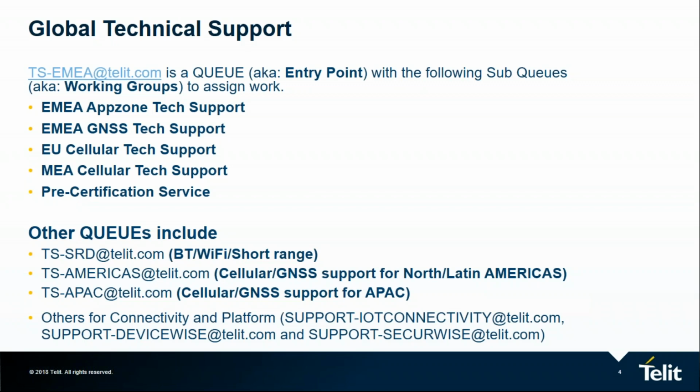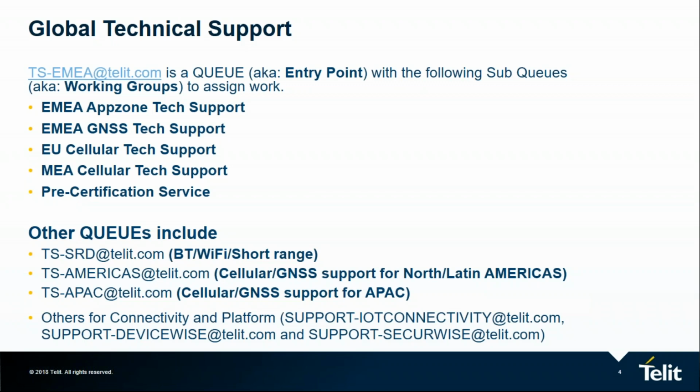We also have other queues, you probably know some of them, that can be used depending on the request that you are sending to support. The TS SRD, as we said, gives support worldwide to all Bluetooth, Wi-Fi, and legacy short range, that will include Zigbee and bus products.